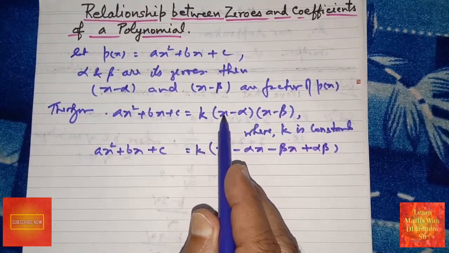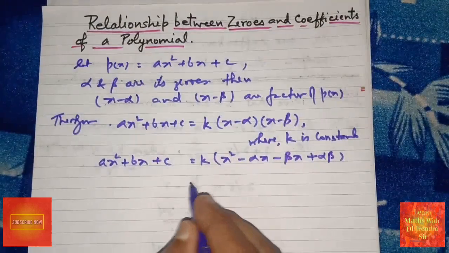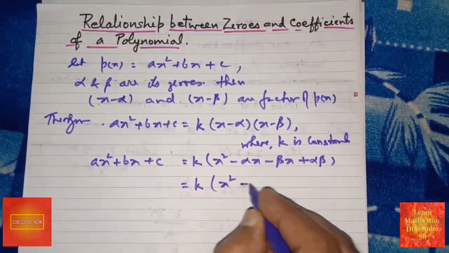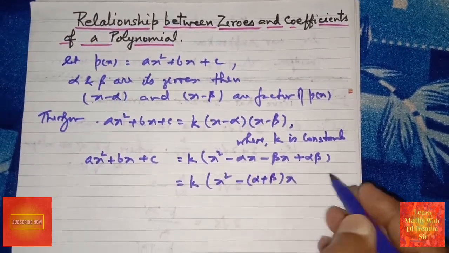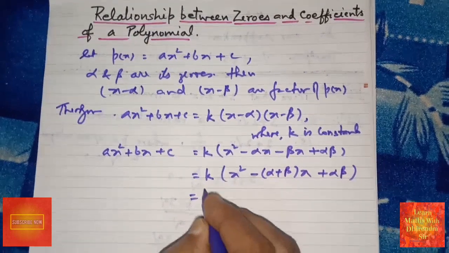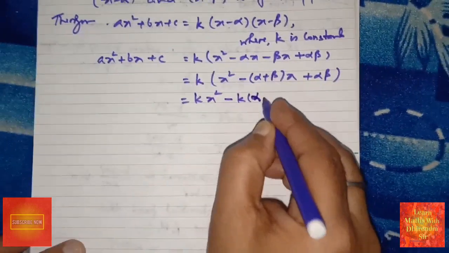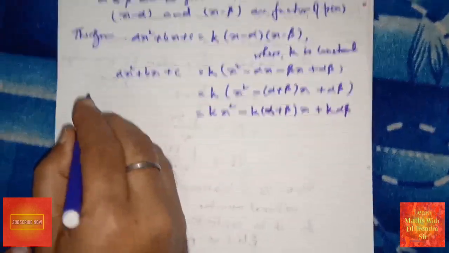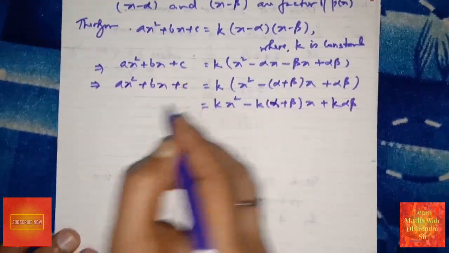Is it clear? After multiplying by k, you got kx square minus k(alpha plus beta)x plus k alpha into beta. You got it simplified like this.